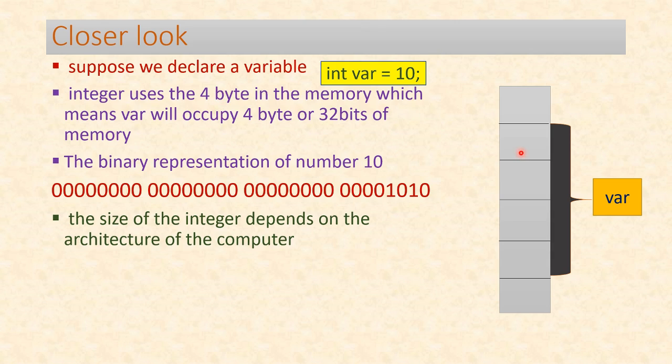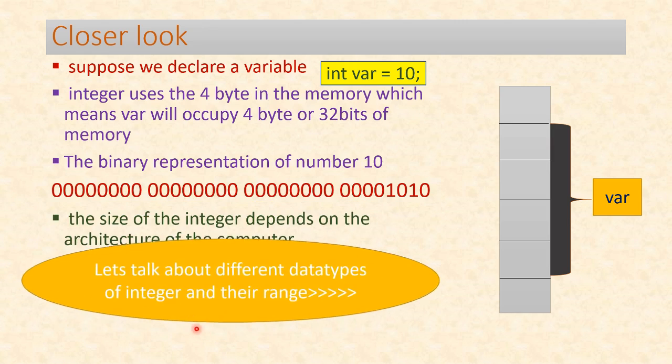In that case we need only 2 blocks to store the variable var. So the size of the integer depends on the architecture of the computer, and this 4 byte is not fixed. It can be 2 byte or 4 byte.